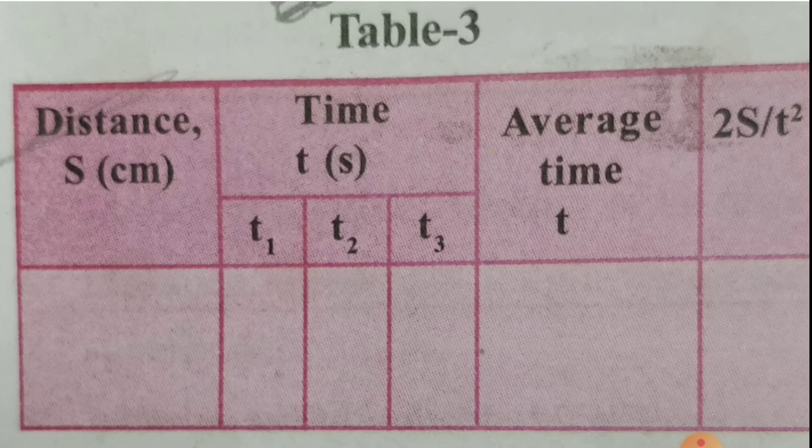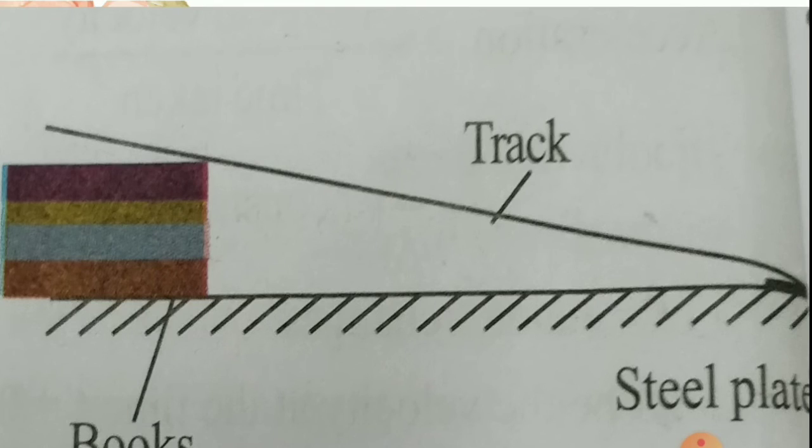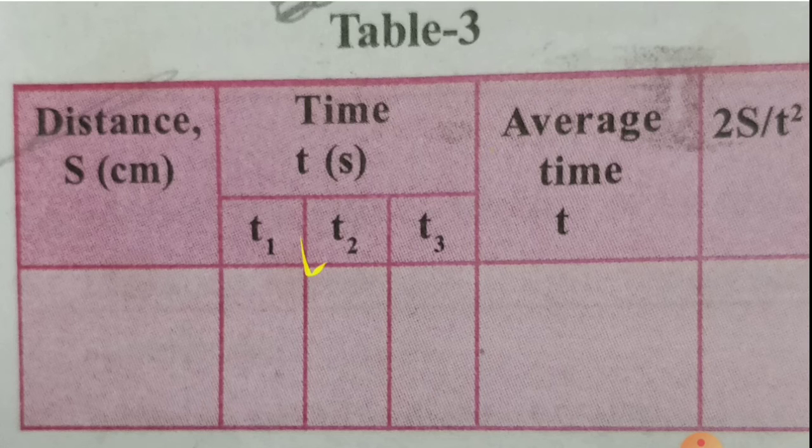This is the tabular form, children. This is the distance and time. For each distance you have to take 3 trials. In each trial you note down the time, and the average of these 3 is the average time. How to find the average? T1 plus T2 plus T3 by 3 gives the average.